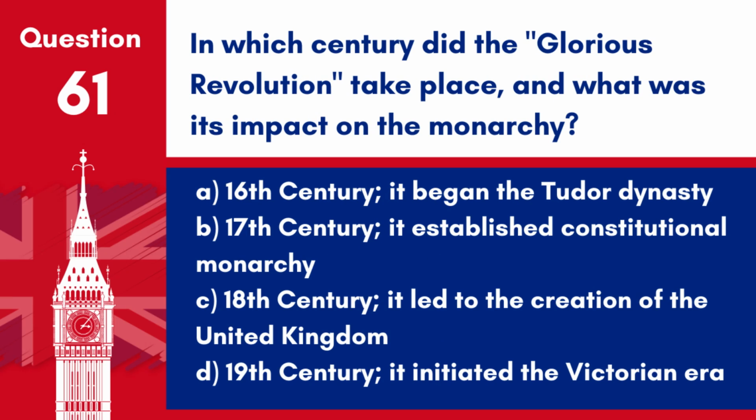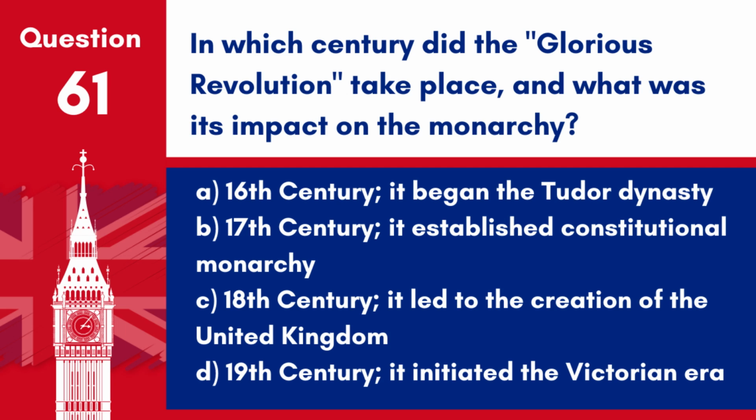Question 61. In which century did the Glorious Revolution take place, and what was its impact on the monarchy? A. 16th century. It began the Tudor dynasty. B. 17th century. It established constitutional monarchy. C. 18th century. It led to the creation of the United Kingdom. D. 19th century.